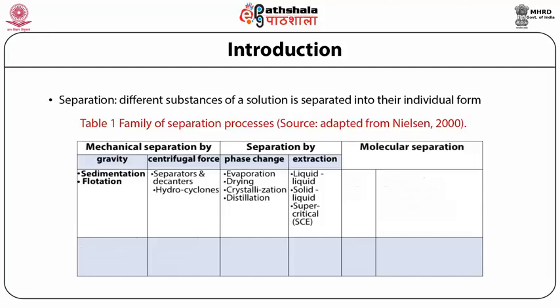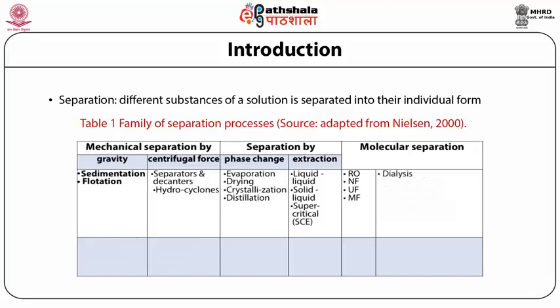Now coming to the molecular separation. So molecular separation means we are going towards this micron size, and we already know that this membrane separation is usually conducted when the particle size is less than 10 micron. So under this, four membrane separation process are used, namely reverse osmosis, nanofiltration, ultrafiltration and microfiltration, and these all are known as pressure driven separation systems, which are mainly used in dairy industry.